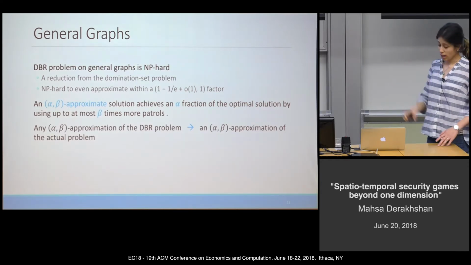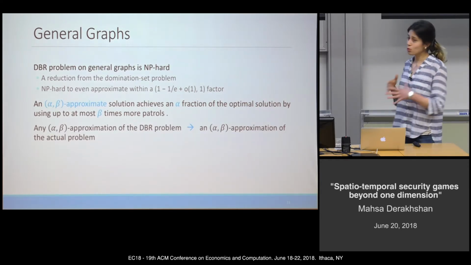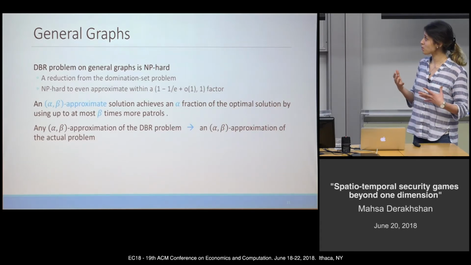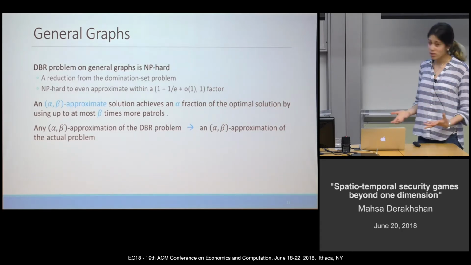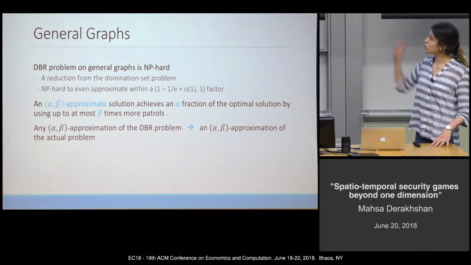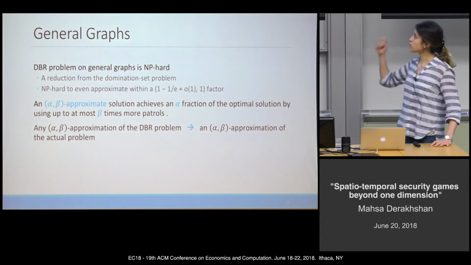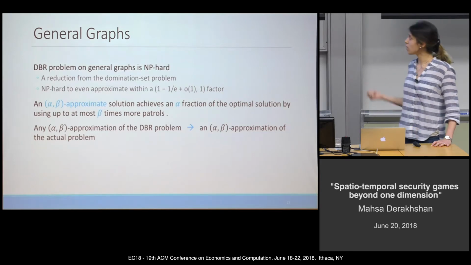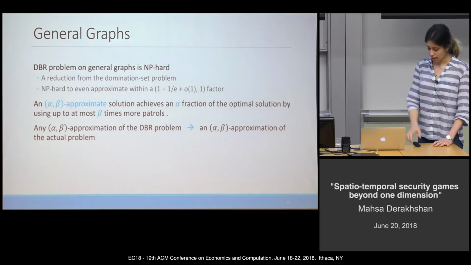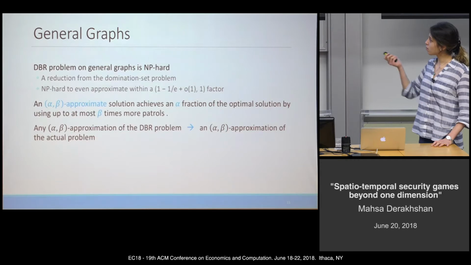Now I'm just trying to find the solutions for the best response problem. But when it comes to approximation solutions, we also need to prove that any alpha-beta approximation of the best response problem also gives an alpha-beta approximation of the actual game. And we prove it in the paper.